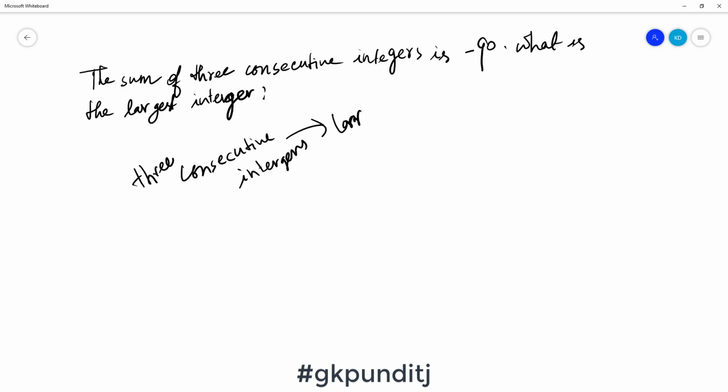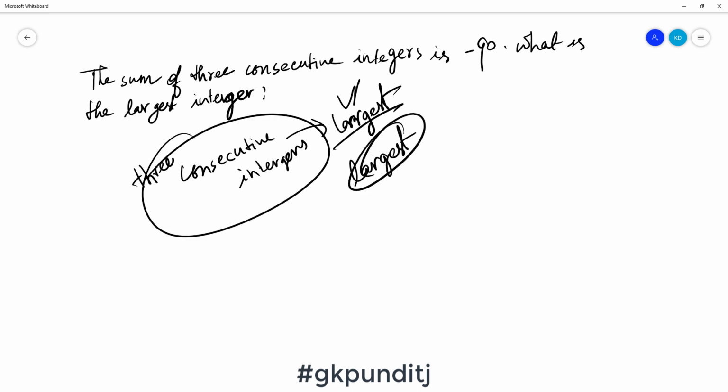Okay, so this is the largest, so we need to find out this one, and three consecutive integers.